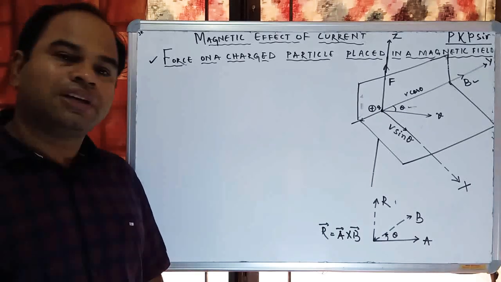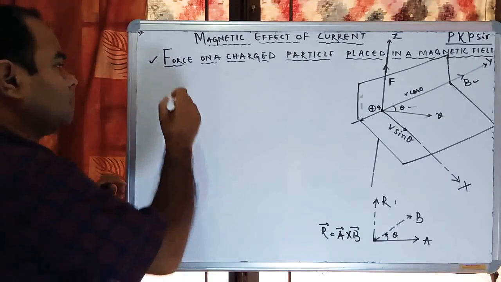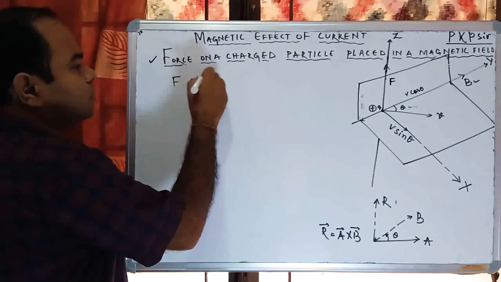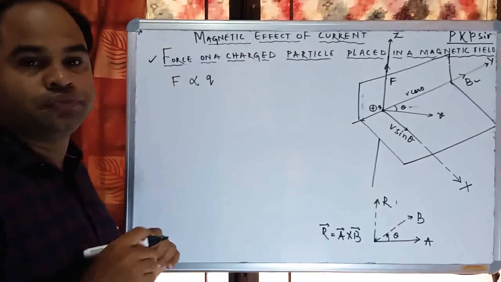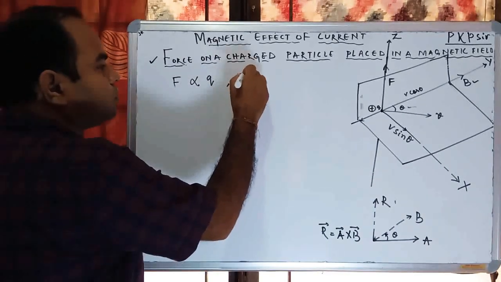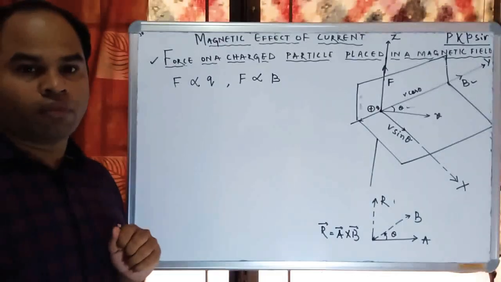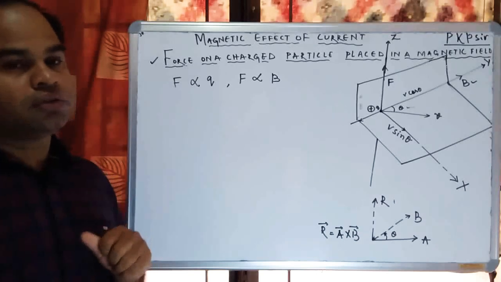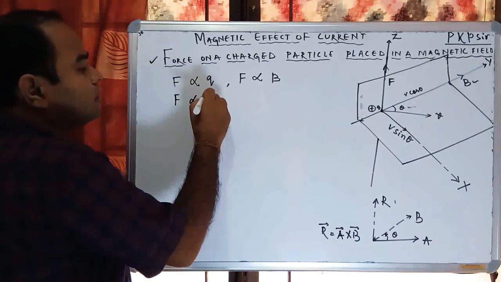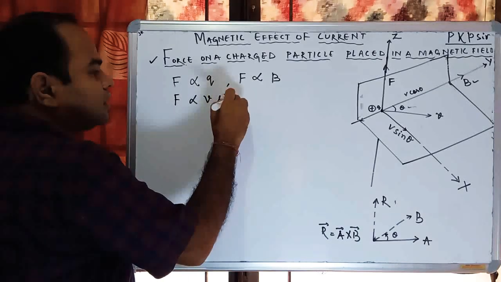Okay, from the experiment it is found that the magnetic force F on the charged particle is proportional to the magnitude of charge Q. It is also proportional to the magnitude of magnetic field B. The force is also proportional to the perpendicular component of velocity, that is v sin theta.